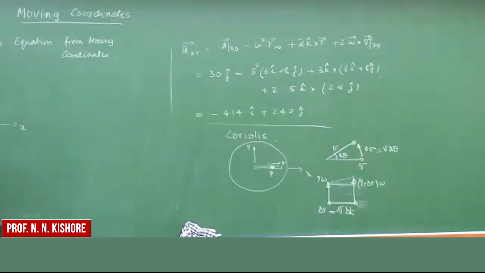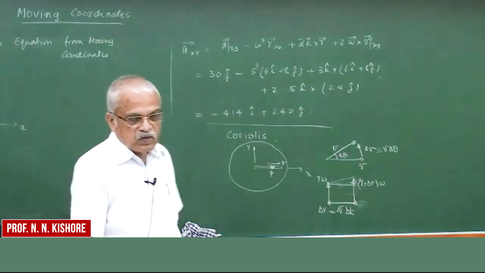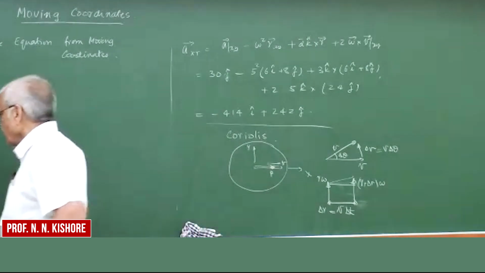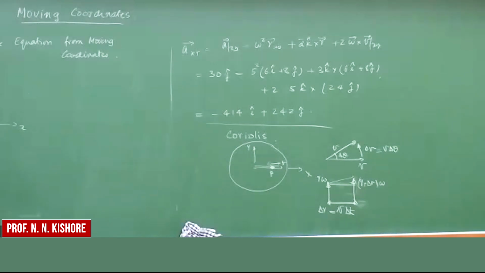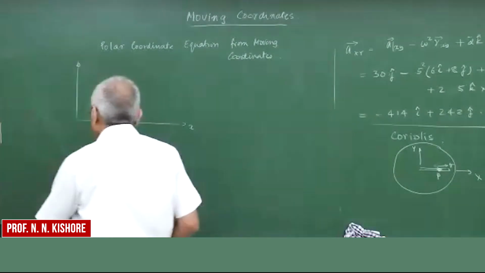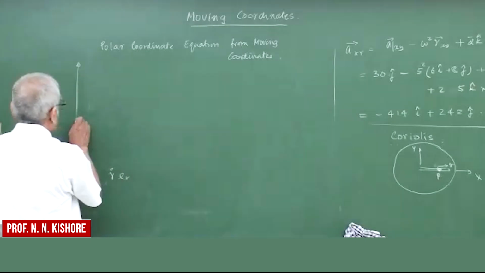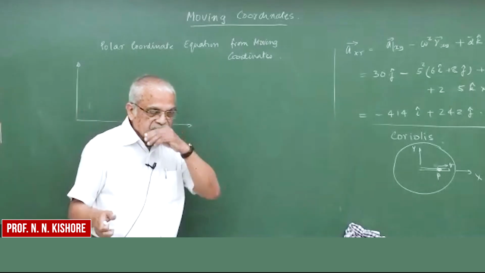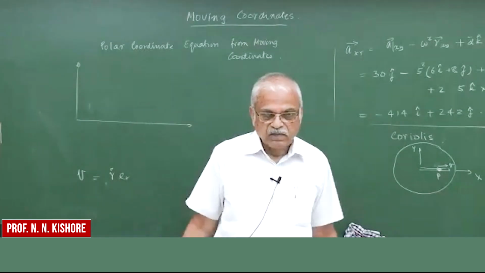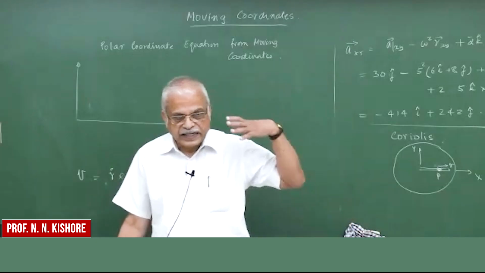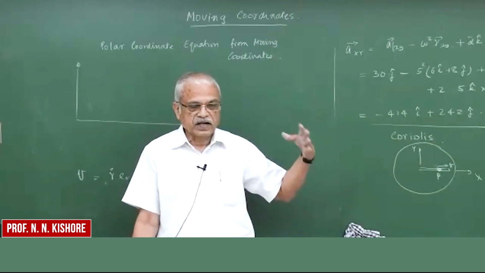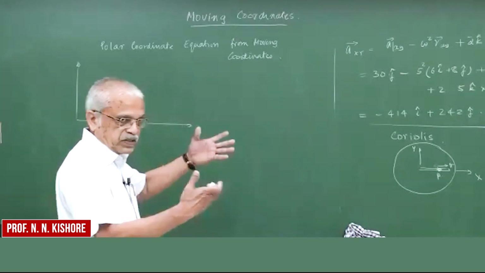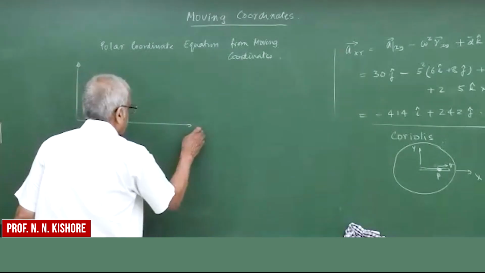You understand? So now that we know how to analyze it in the moving coordinates, can we derive the equation which we had? If you can understand both ways, how to interpret polar from moving coordinates, or how to relate polar equations, can we derive polar equations from the moving coordinates itself? Okay, so let's see, so that we'll have more hold on this one.